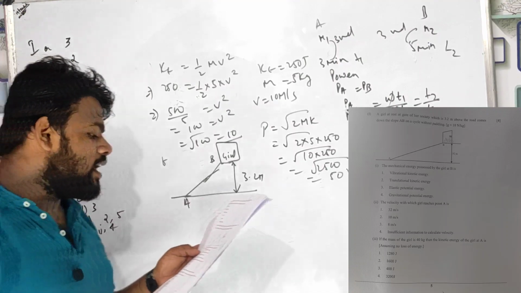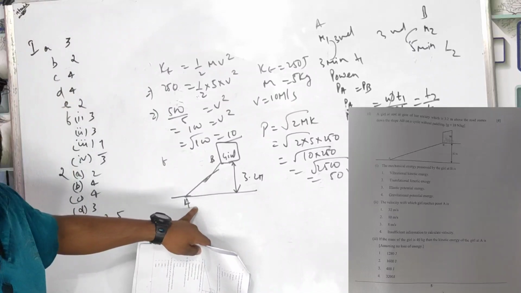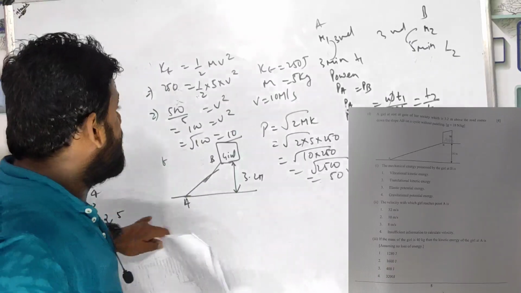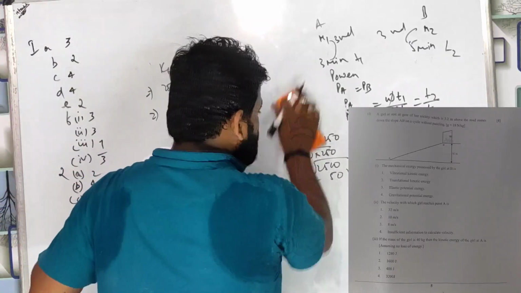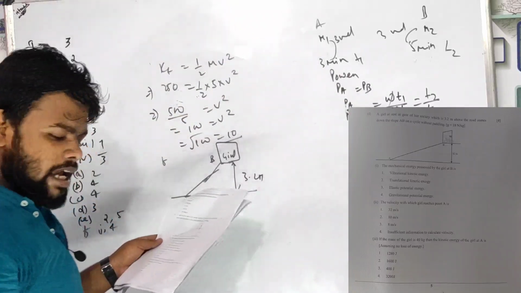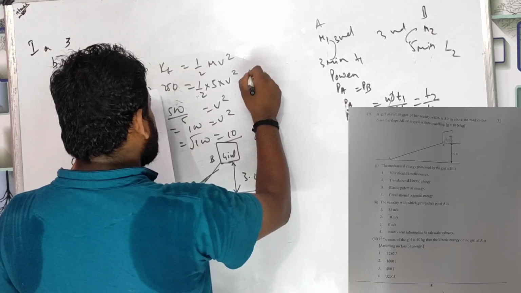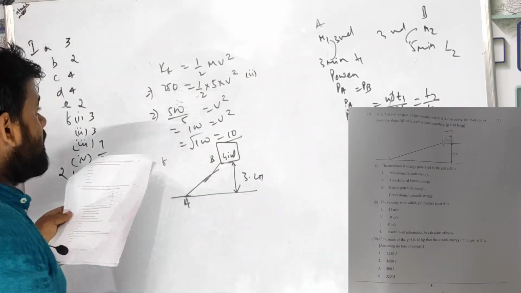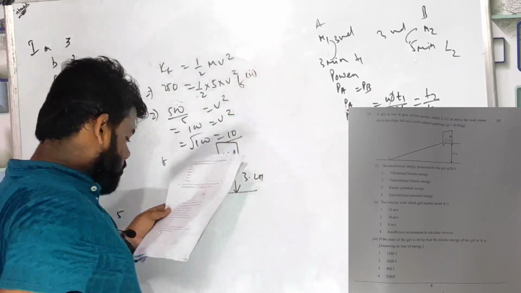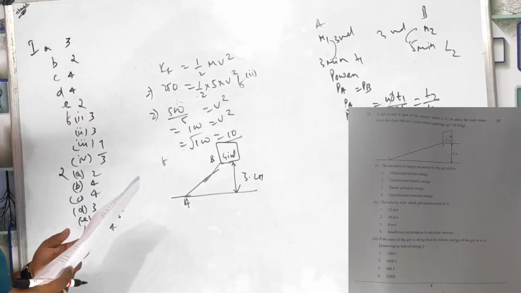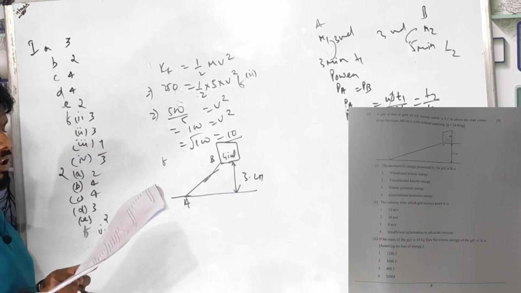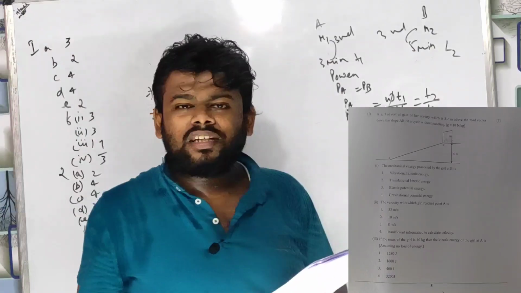The velocity with which the girl reaches the point A. If she reaches A, what happens? Let's see here. Very interesting. I am talking about bit 2 of F. The velocity with which the girl reaches point A. If the girl reaches point A, what will happen, children?